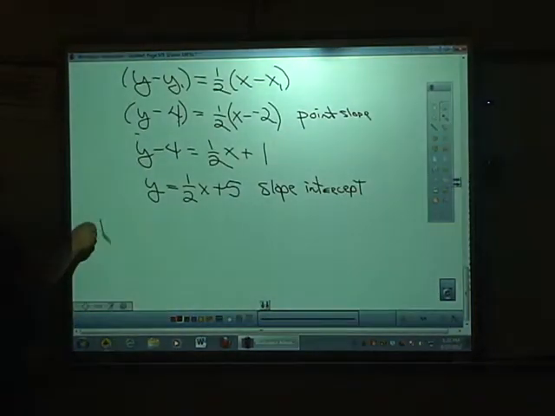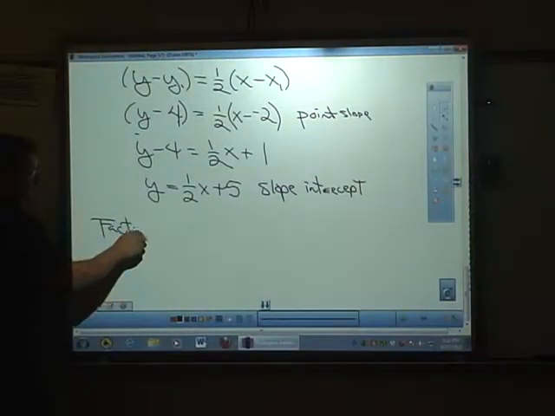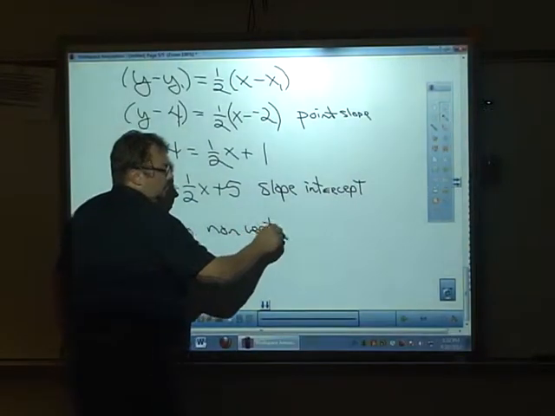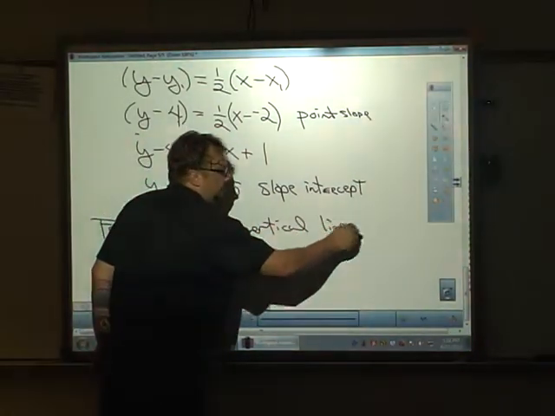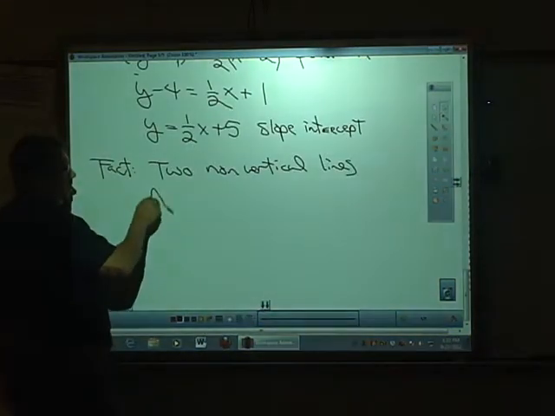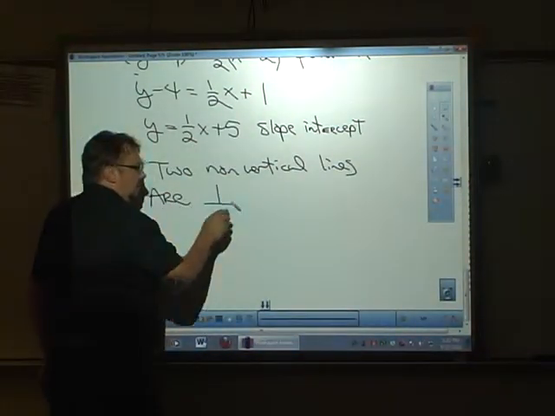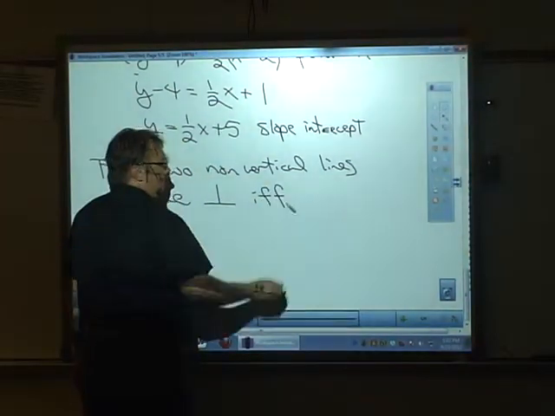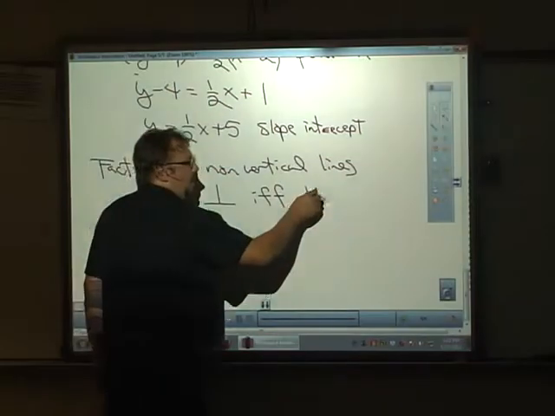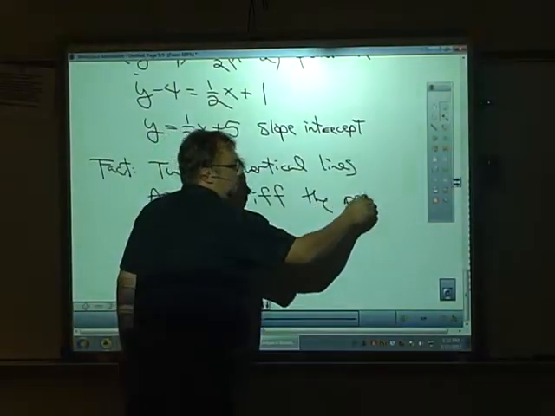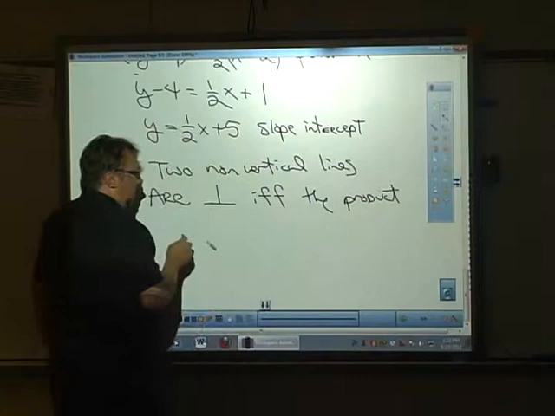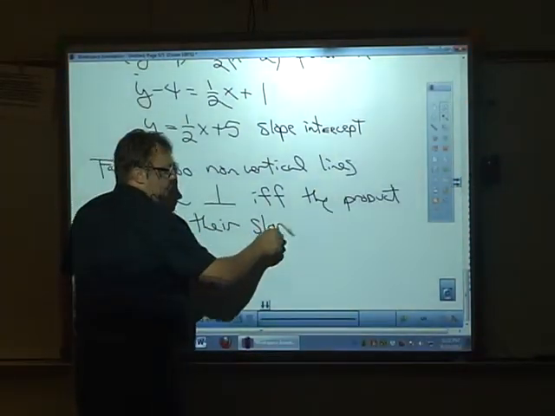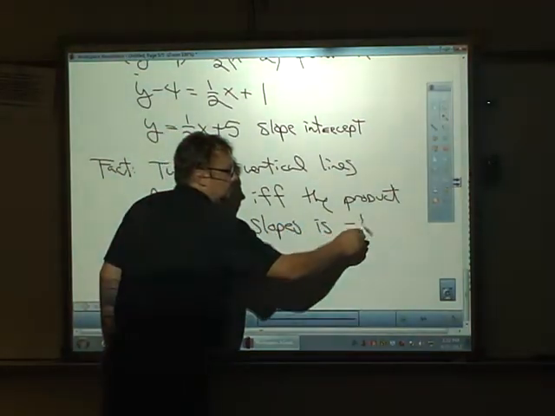Well, fact: two non-vertical lines are perpendicular if and only if the product of their slopes is -1.